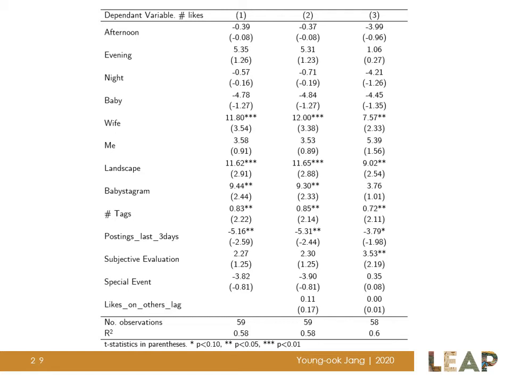I think you might have seen tables with these stars, dependent and independent variables, number of observations and R squared, right? This is the table that is usually used to show the results of regression analysis.